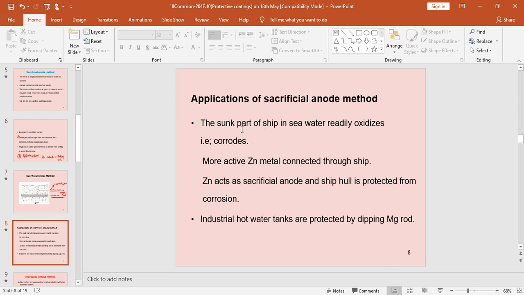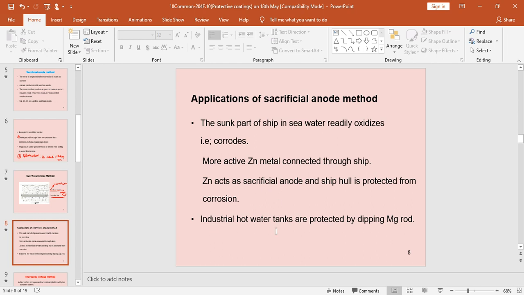First one: the sunk parts of a ship in seawater readily oxidize, that is, corrode. So a more active zinc metal is connected to the ship. Zinc acts as a sacrificial anode and the ship hull is protected from corrosion. Just now we discussed this, an example of galvanization. So the ship hull is protected from corrosion by using zinc, which acts as a sacrificial anode.